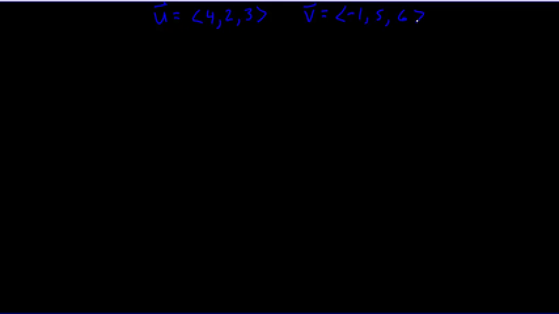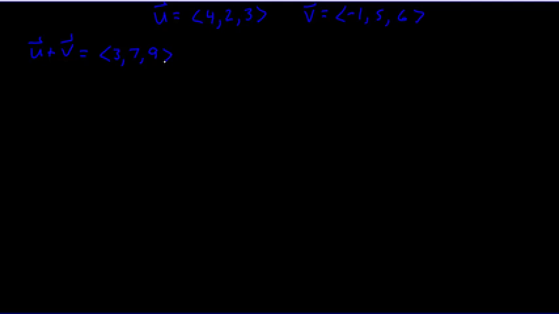Now, all that we know about vectors in 2 space, we know about these. So we could say u plus v. Well, we just add the corresponding components. So 4 and -1, that's 3. 2 and 5, that's 7. 3 and 6, that's 9. And we could also subtract if we wanted to.